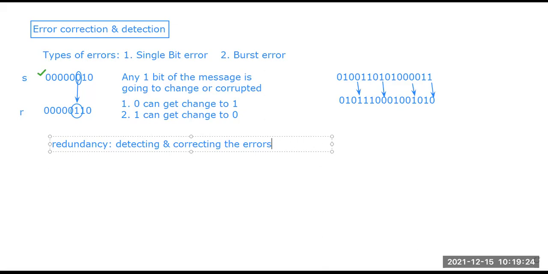These redundant bits are, as I said, added by the sender, and those added bits are removed by the receiver at the receiver side. So redundant bits are some extra binary digits that are transferred along with the data.